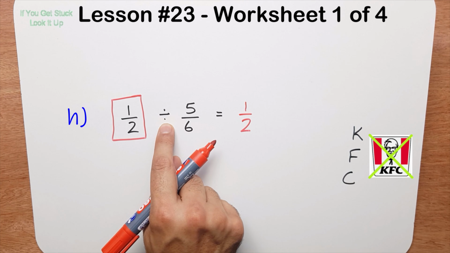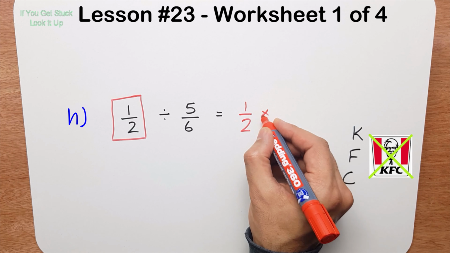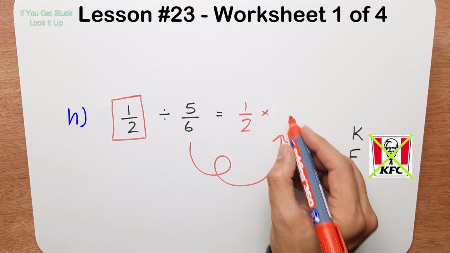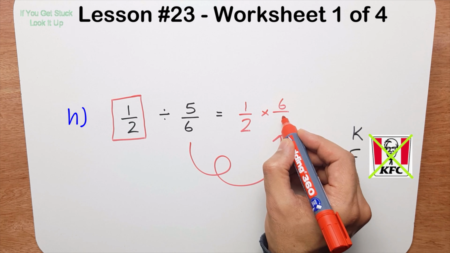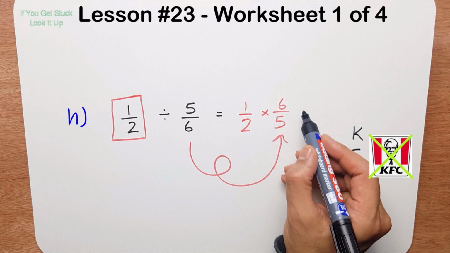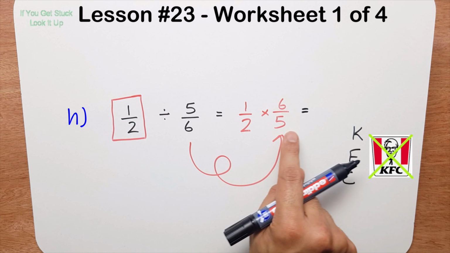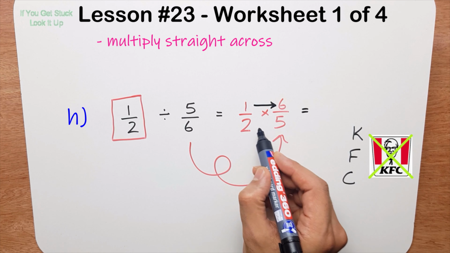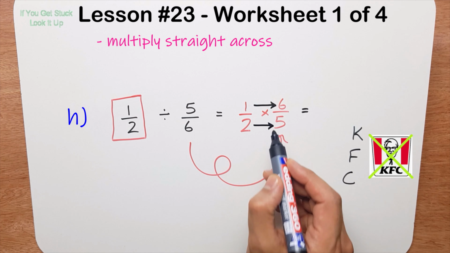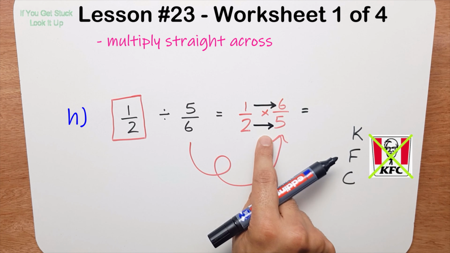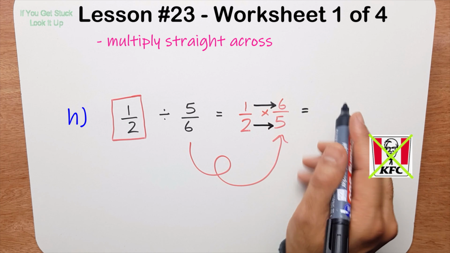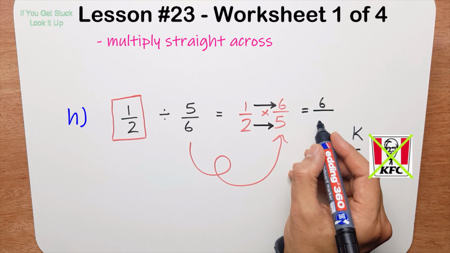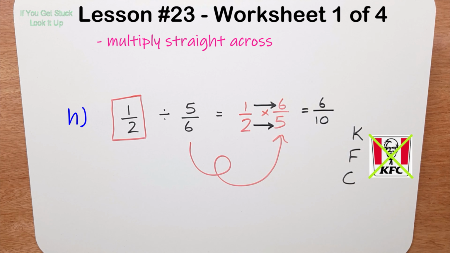I turn the divide into a times, and then I flip the second fraction over, so it becomes 6/5. Now what I have is two fractions and I'm multiplying, and I always multiply straight across. That's the easiest fraction to do. So 1 times 6 is 6. 2 times 5 is 10.